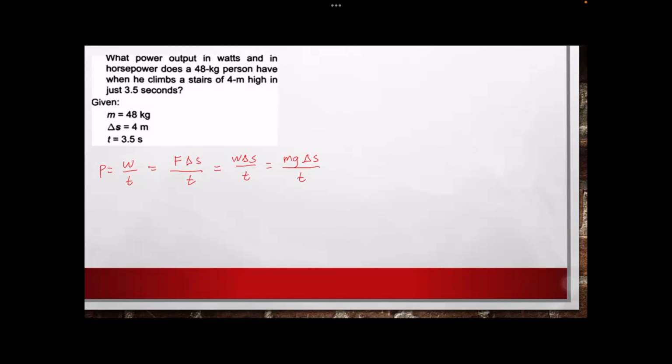So gamitin natin yung pinaka last part, mg times delta S over T.